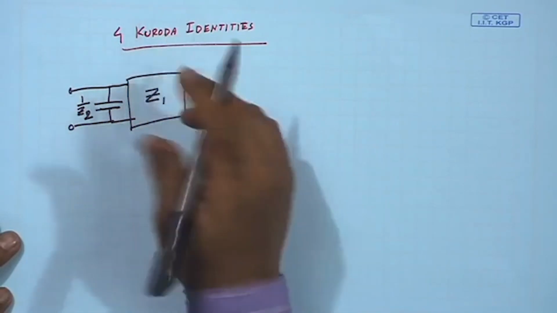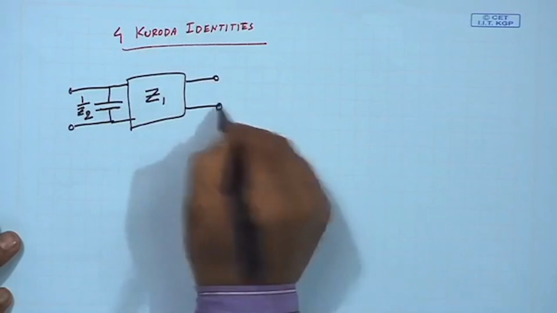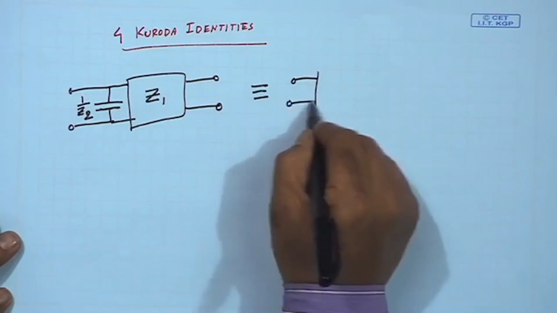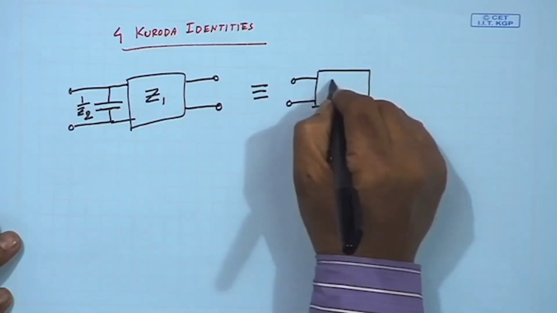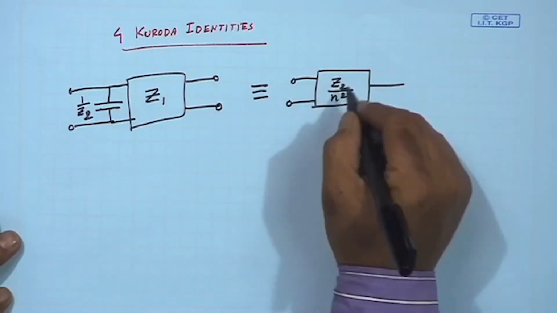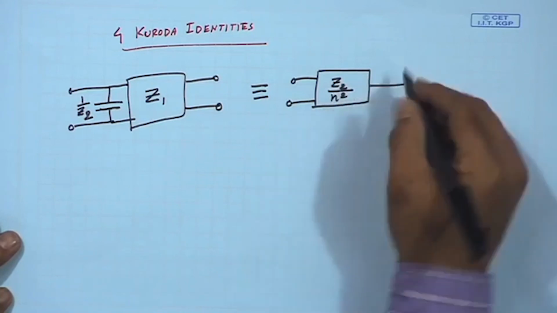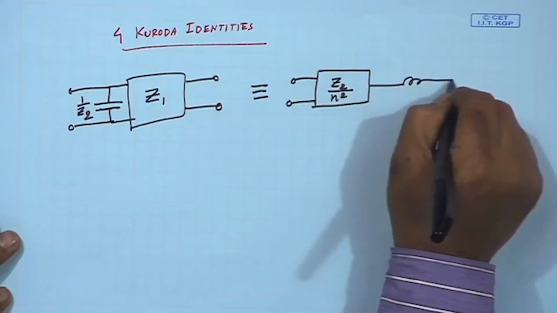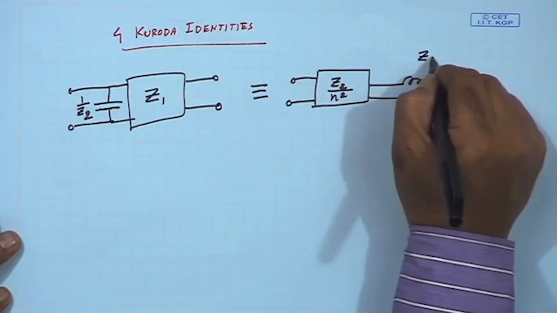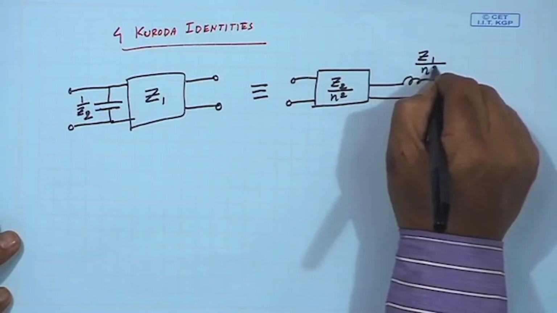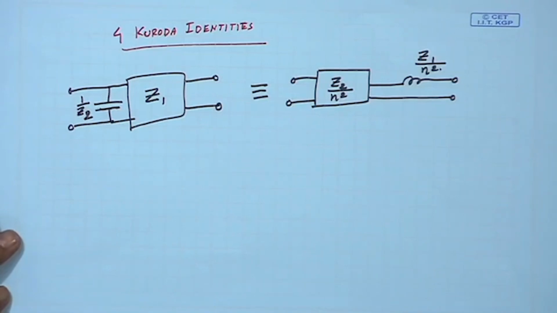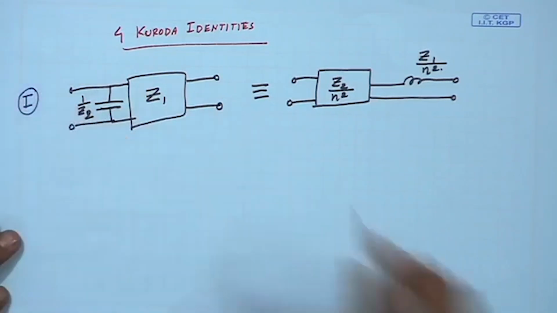This is a redundant element he is putting, and showing that this is equivalent to putting a line with characteristic impedance Z2 by n square, and then in series with an inductor of characteristic impedance n square. Similarly, this is called his first type, Kuroda identity first type.